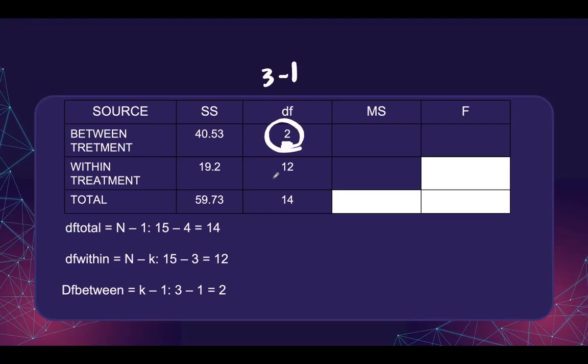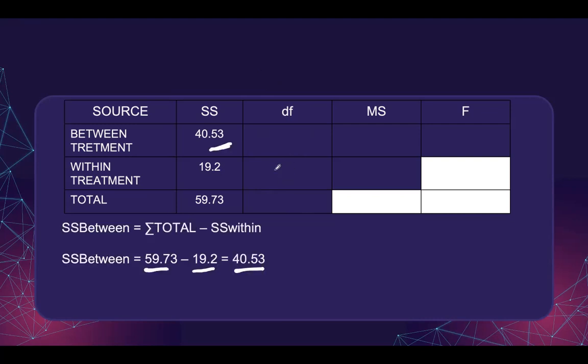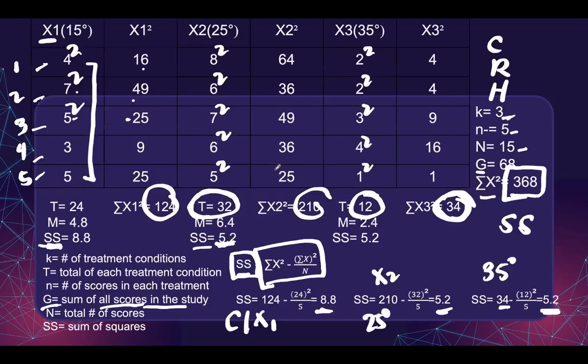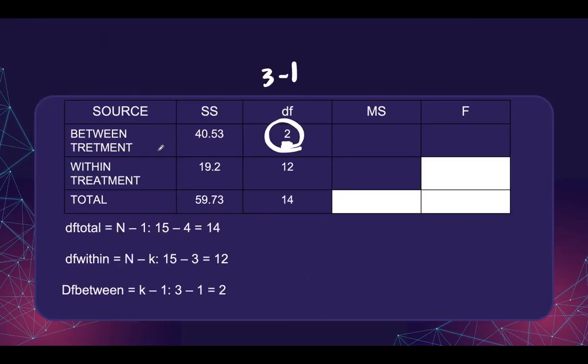Okay, tapos yung within the treatment class is yung total nung tatlong variable. Okay, so n minus k, which is the total na 15 minus 3.